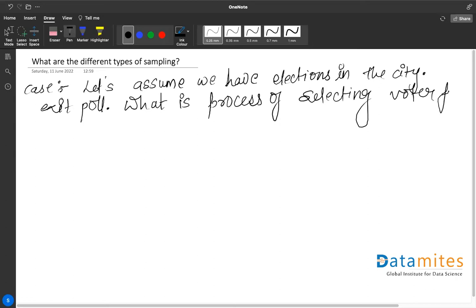This was the question that was asked. Can you tell me? Okay, so Manjunath is telling it's a random sample.